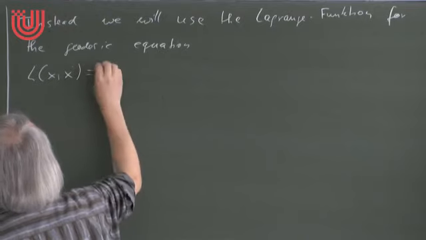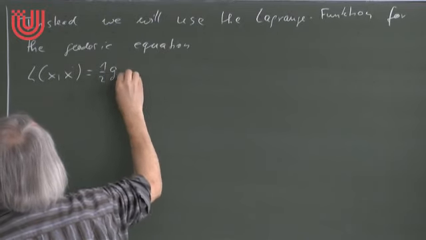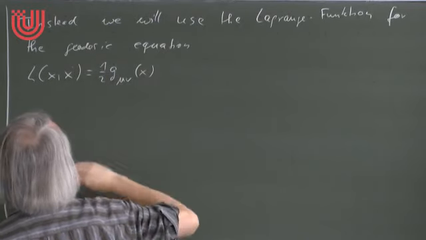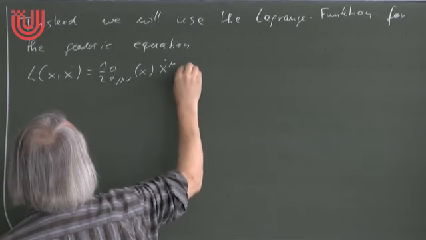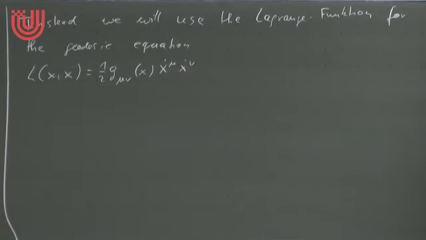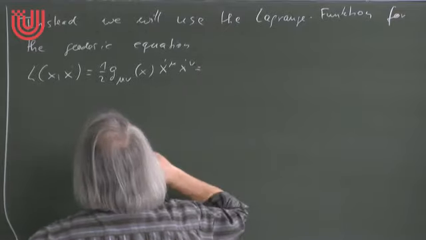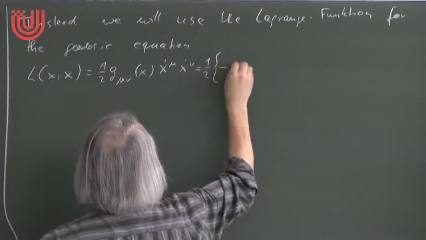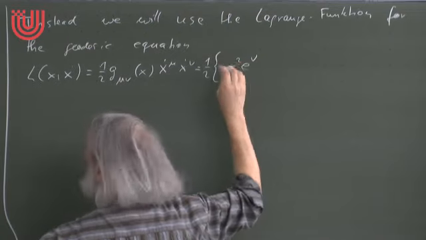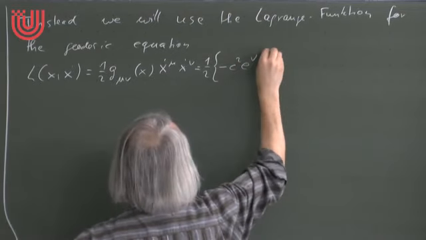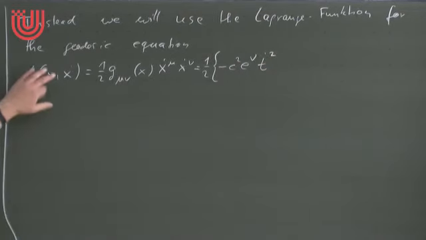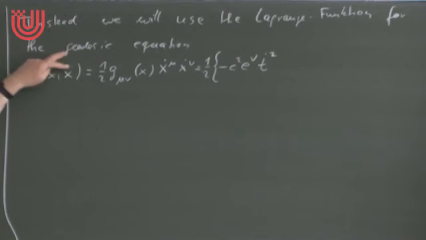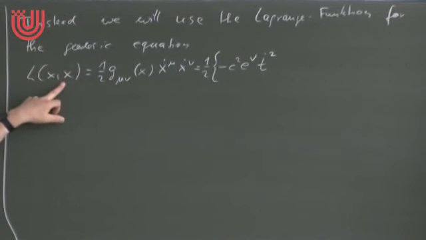L of x and x dot was 1/2 g mu nu, which depend on x mu dot, x nu dot. And in our case, we can read what the coefficients are. So in our case, we get 1/2 minus c squared e to the nu t dot squared. The dot means derivative with respect to the curve parameter.